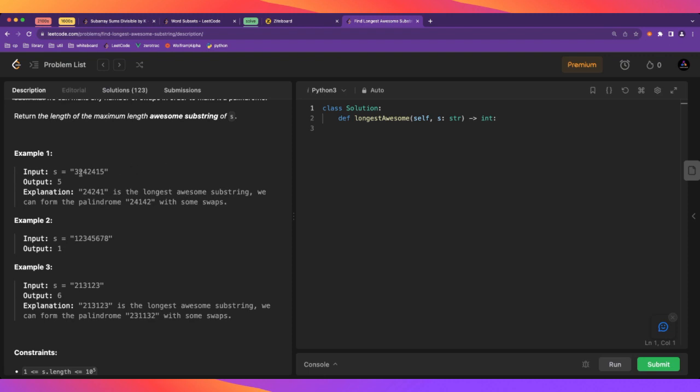So 3242415. 3242415 is what I said, and the answer in this case is this substring.